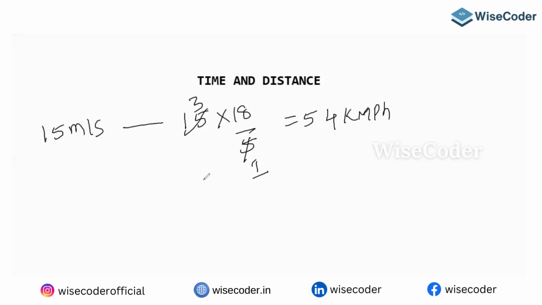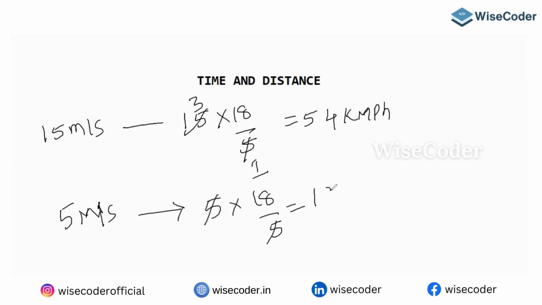If I want to convert 5 meter per second, then how am I going to do this? 5 into 18 by 5. That will give me 18 kilometer per hour.